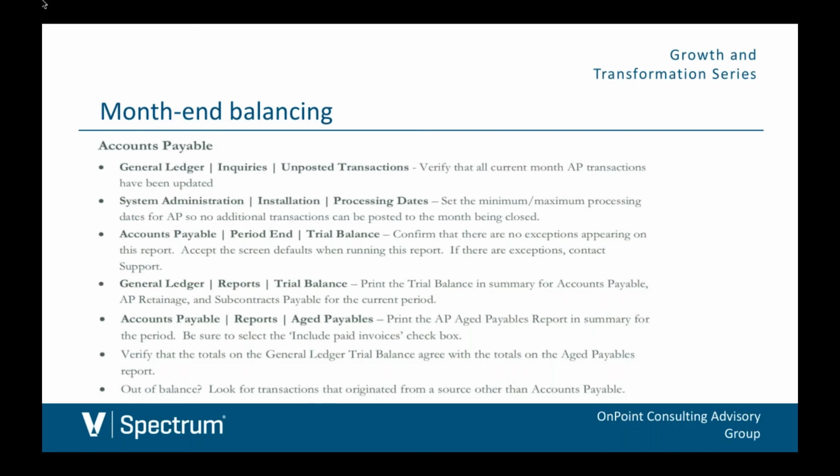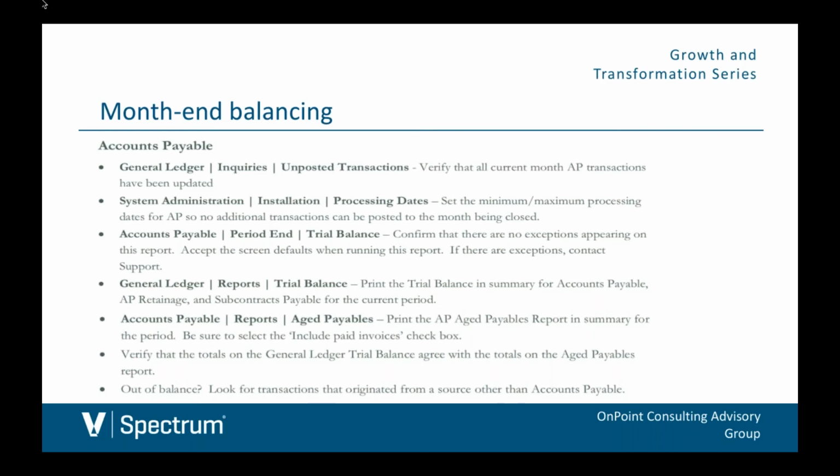One thing that you want to do when you're trying to balance to the previous month is a little bit different than just printing, hey, what's out there now? What do I owe people? And I want to pay some people. You just run it then.